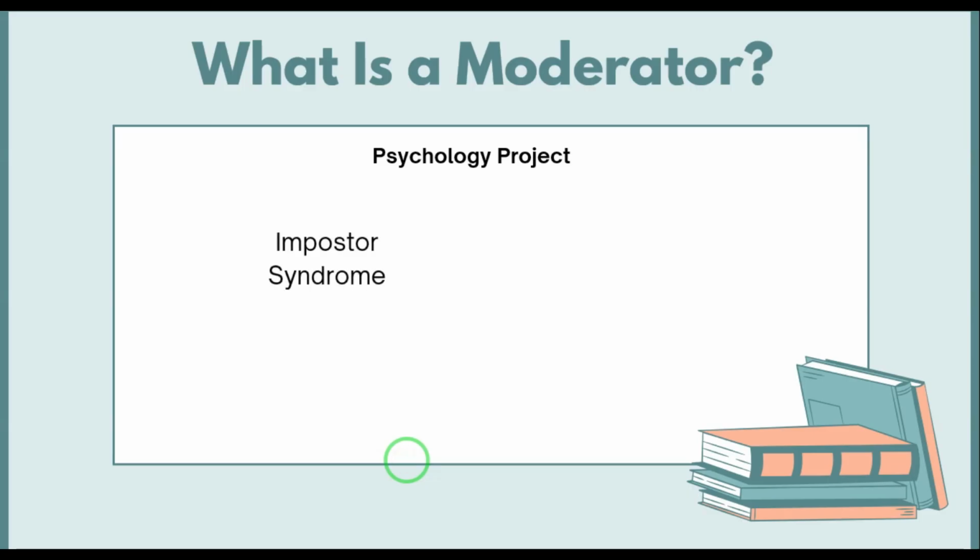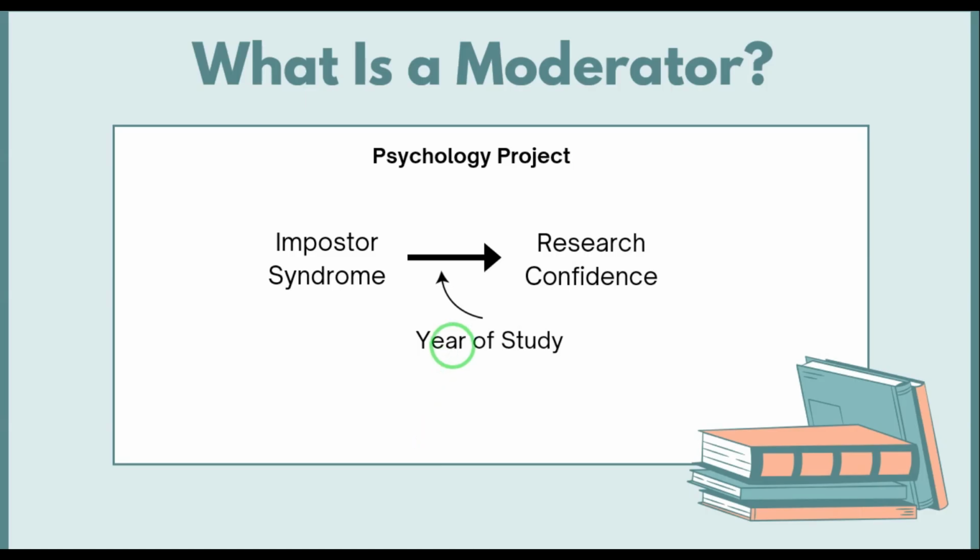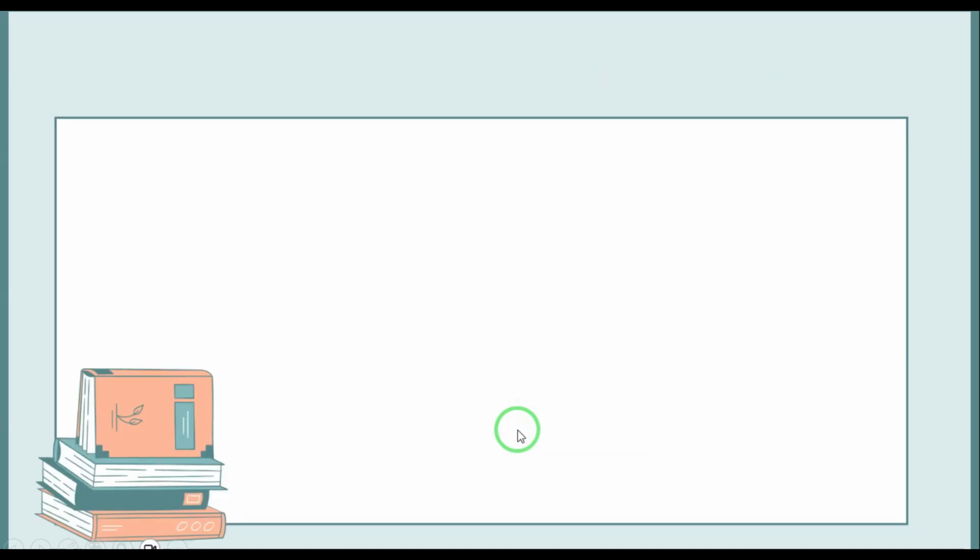In our psychology project, imagine the imposter syndrome affects first year students completely different from final year students. In that situation, year of the study would be acting as a moderator because it changes the strength of the relationship.